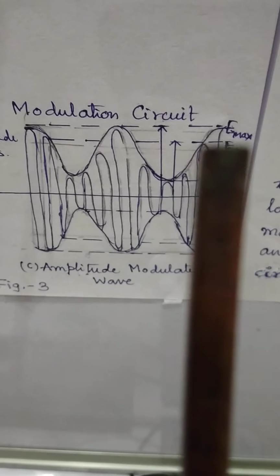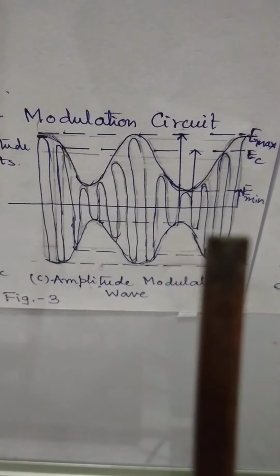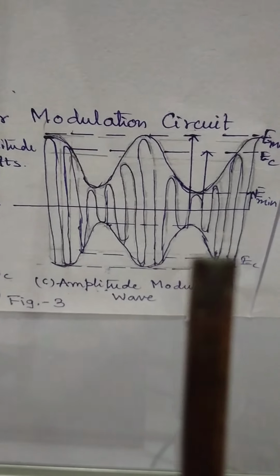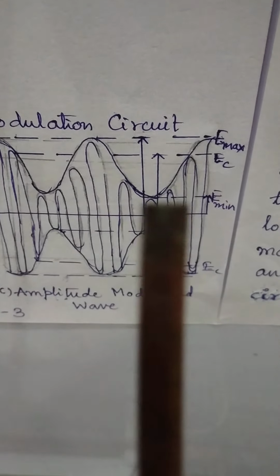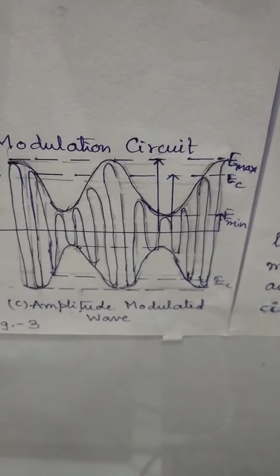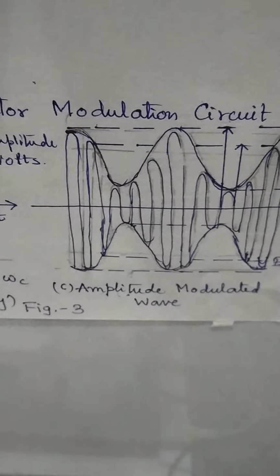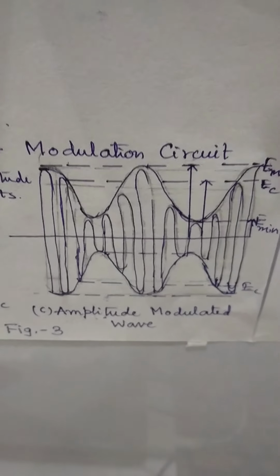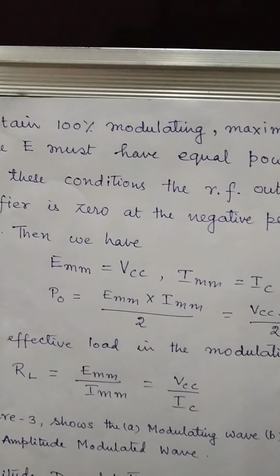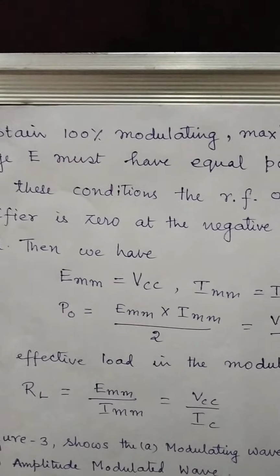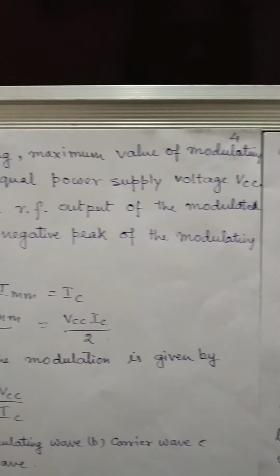Now EC denotes the carrier wave, E maximum is the maximum value of the voltage, that is, the maximum amplitude, and E minimum is the minimum value of the voltage. Figure C shows the amplitude modulated wave. To obtain 100% modulation, we have shown it.